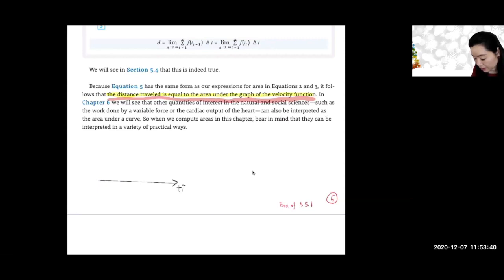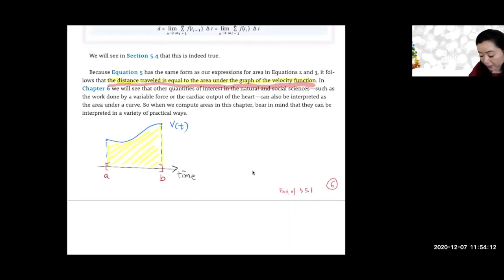If the time goes from A to B, and you have this velocity function, and that's a graph, then if you try to find this area under the curve, this highlighted yellow part right here, this area is the distance traveled. So it corresponds to the area under the curve.